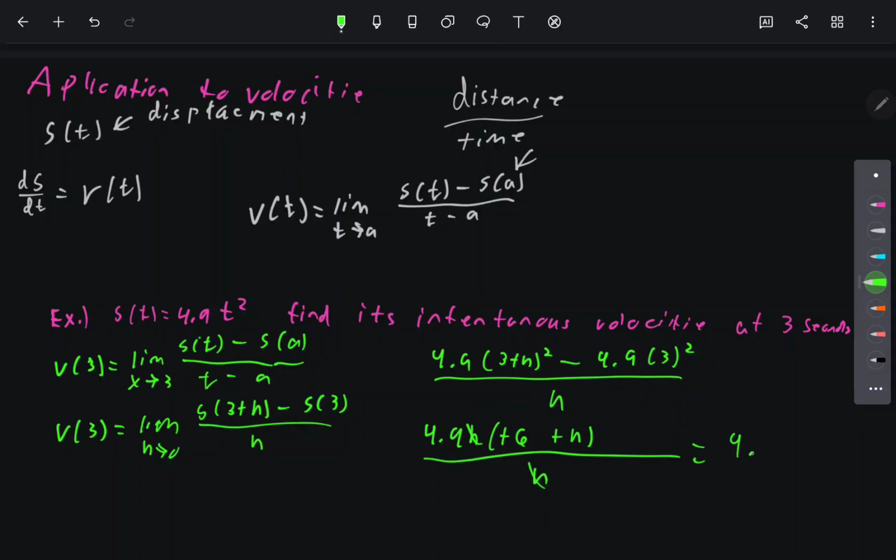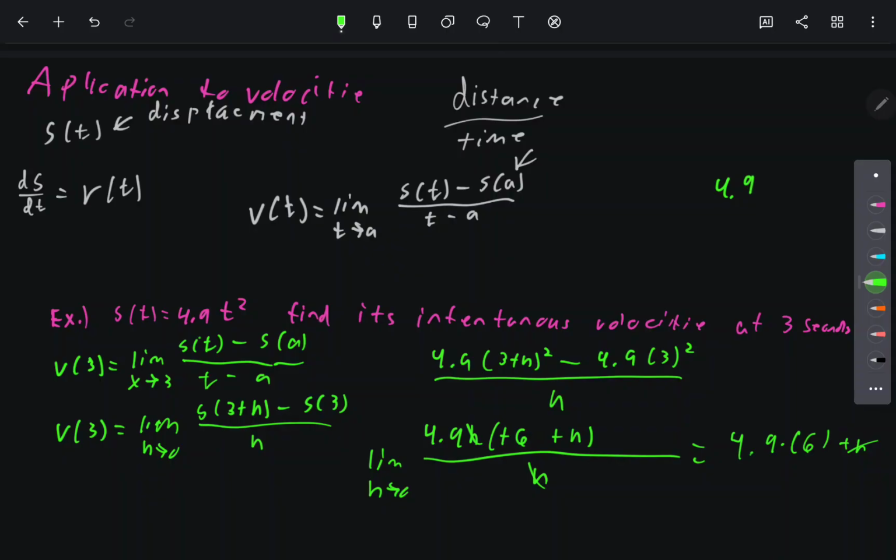So we get 4.9 times 6 plus h. Well, we want to take the limit as h approaches 0, so this h is going to go to 0. Then we can just multiply it out.